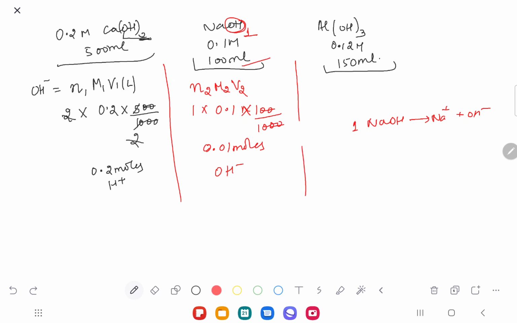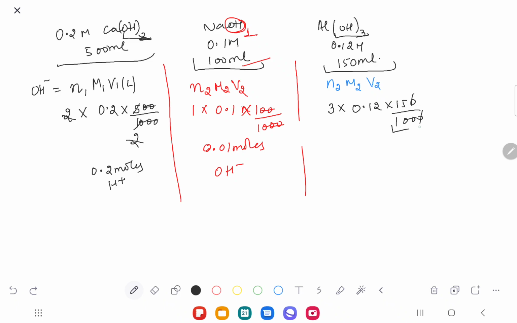And similarly, for this particular thing, I would have N3, M3, V3. I suppose you're understanding. So now I'm not doing the unitary method. Number of moles is 3, because every molecule of aluminum hydroxide gives me 3 OH, times molarity times volume. Volume has to be again in liters. So I never try to cancel 100, okay?